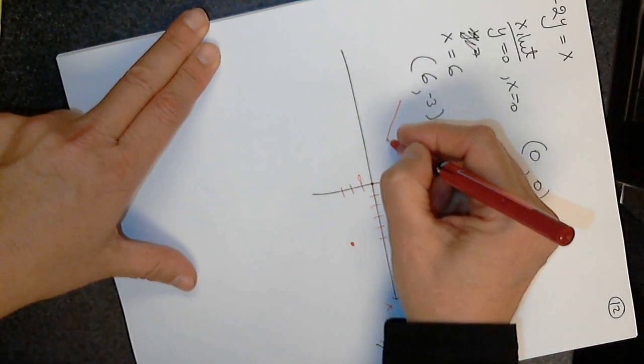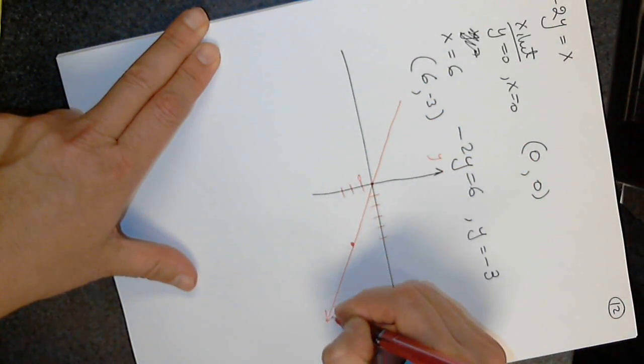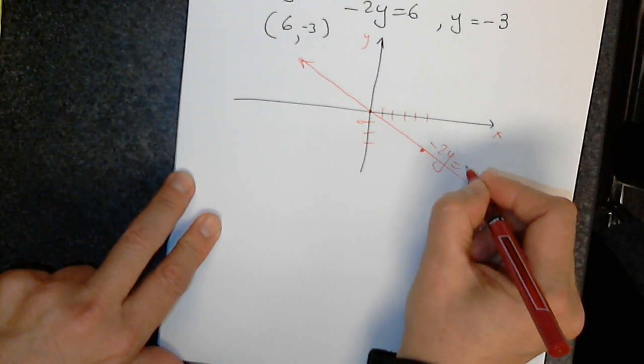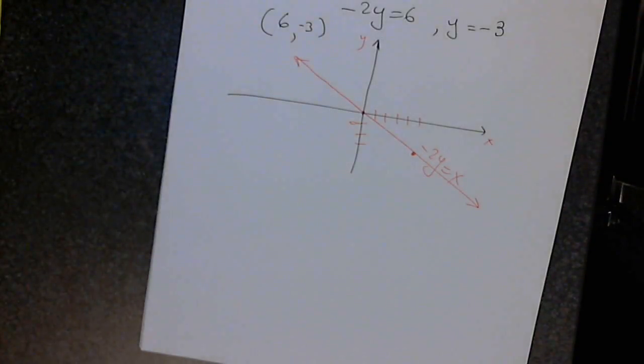I will connect, extend, write the name. And the name is negative 2y equals x. Any questions, please?